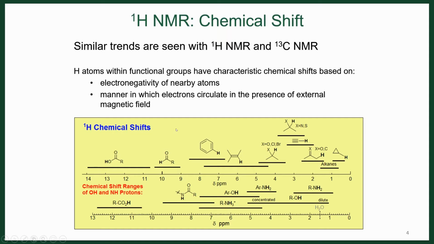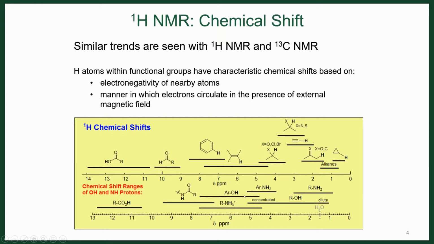Now, whenever you have a proton that's attached to a heteroatom, such as a nitrogen or oxygen, you get much wider possibilities in terms of the chemical shift ranges associated with that. And that's seen a little bit with this carboxylic acid peak here. But alcohols, phenols, amines can all really appear in a number of different places across this NMR spectrum regime here.